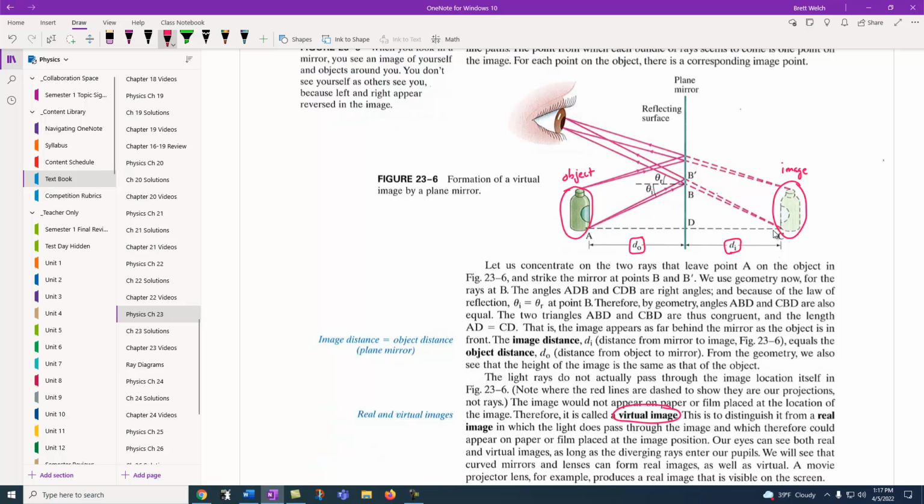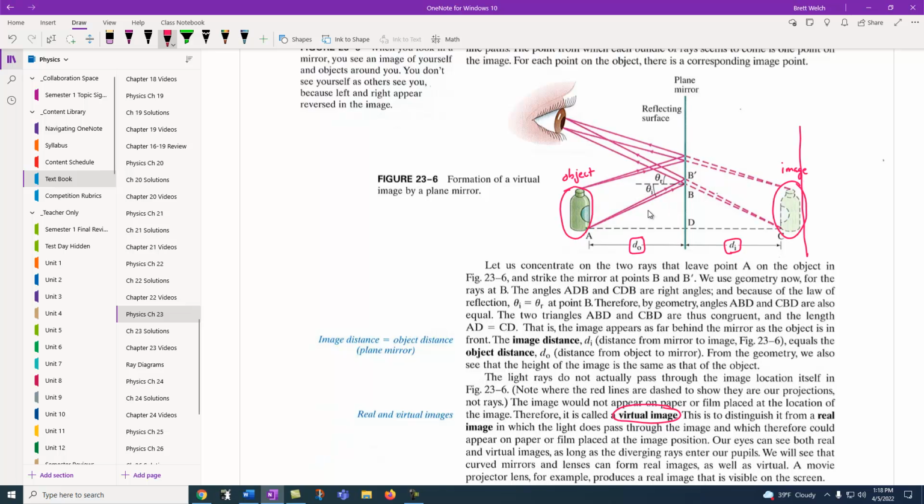So if I put a screen right here, for that light to project onto, it would never actually show the image of the pill bottle or whatever this is, this bottle, because it's not really there. Its location isn't real. It's a virtual or imaginary location.